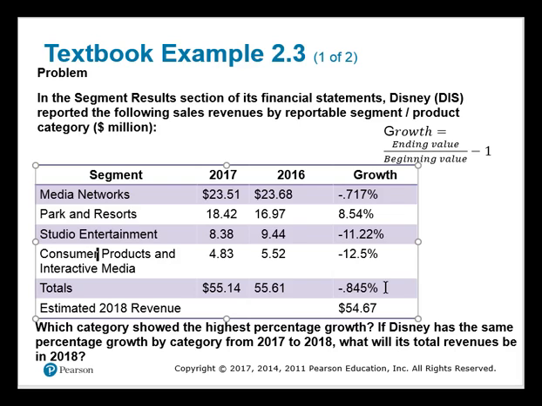To find a forecast of what we think is going to happen next year, if we assume that next year is the same as last year, we multiply 55.14 times negative 0.845%. We would estimate that next year's revenue for Disney would be 54.67.